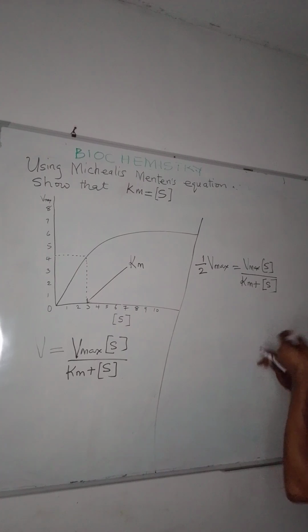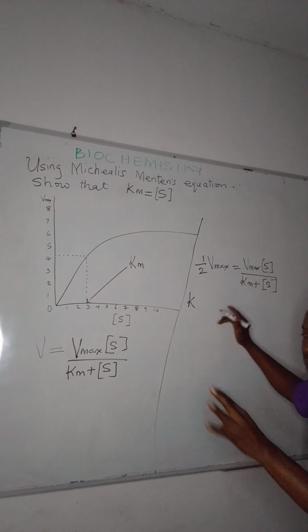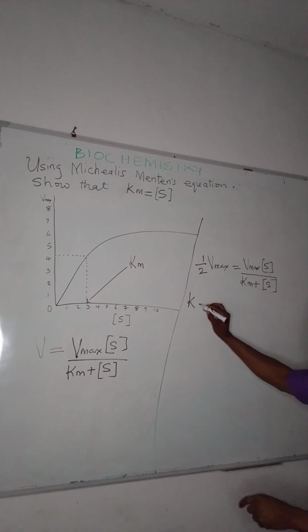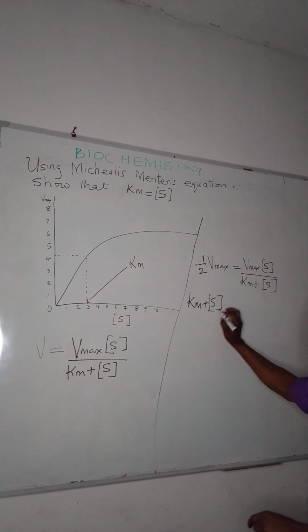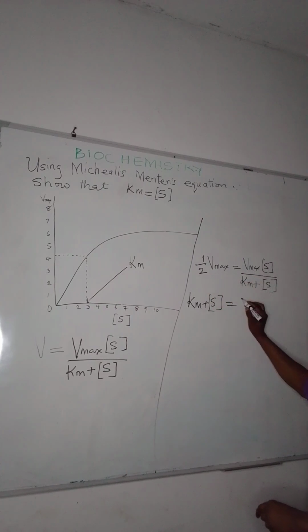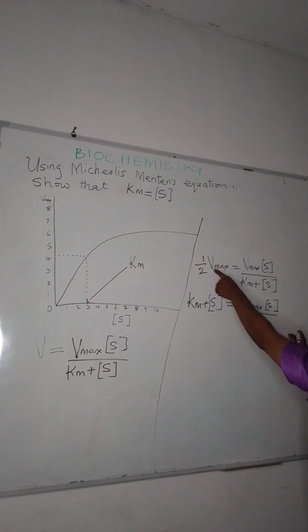Now, if we make Km plus substrate concentration the subject of the formula, we now have Km plus substrate concentration equal to 2 Vmax times substrate concentration all over Vmax.